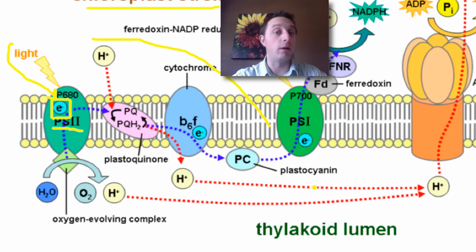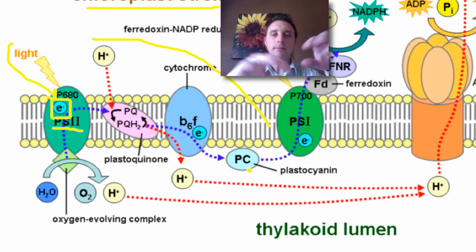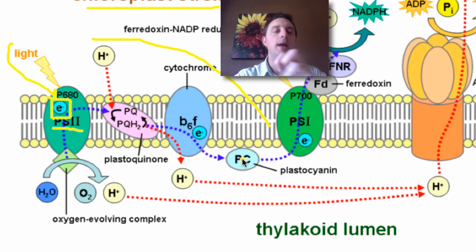What is important is that they function together in this chain, in this line, and they pass the electron between them. As that electron is passed from the first one to the second one to the third one, it gives up some of its energy to these electron transport carrier proteins.